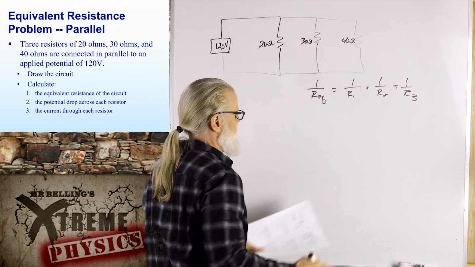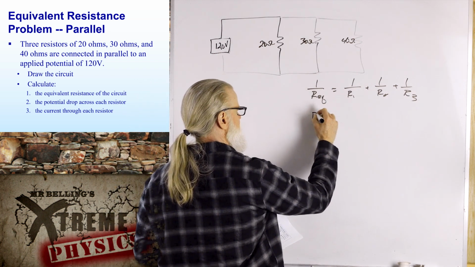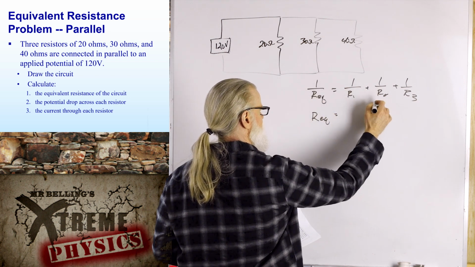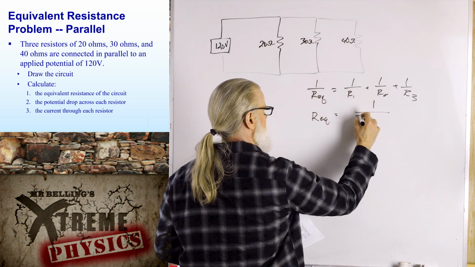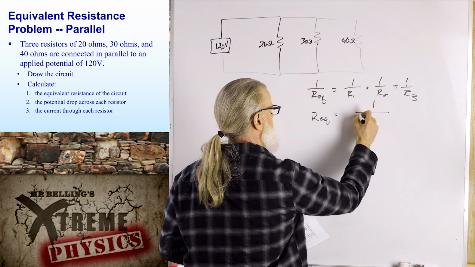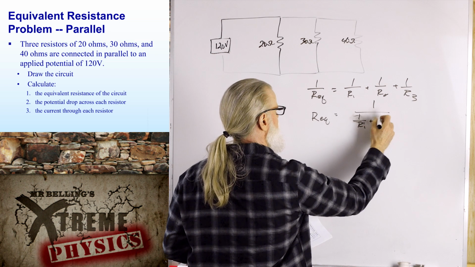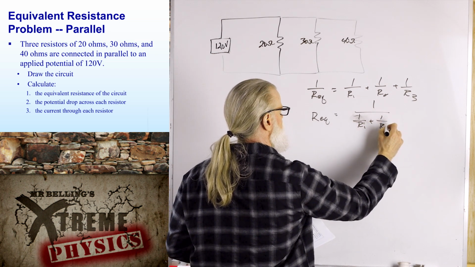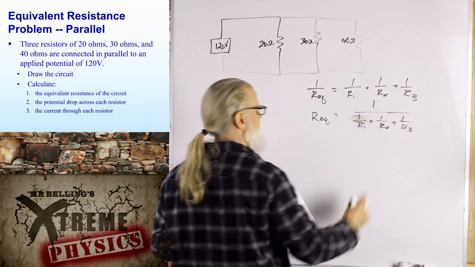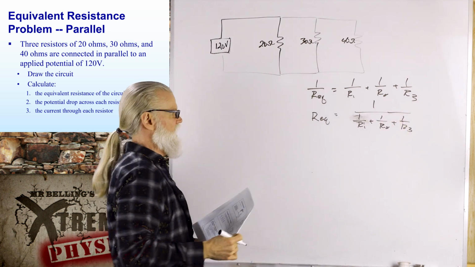That's 1 over R equivalent. So if I want R equivalent, I need to invert this side and invert this side. All right, that's kind of complicated.